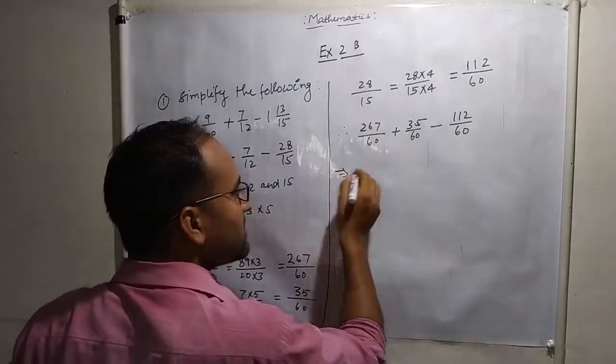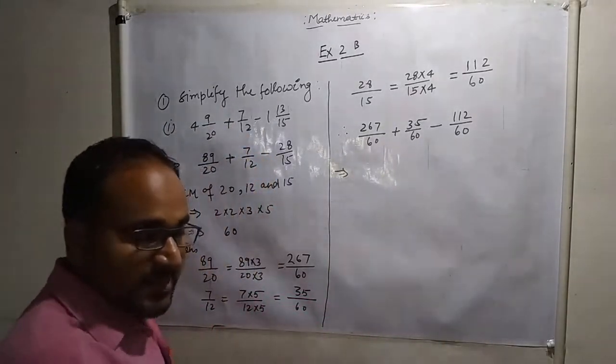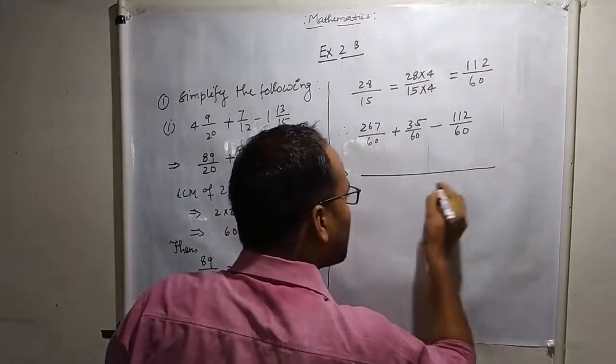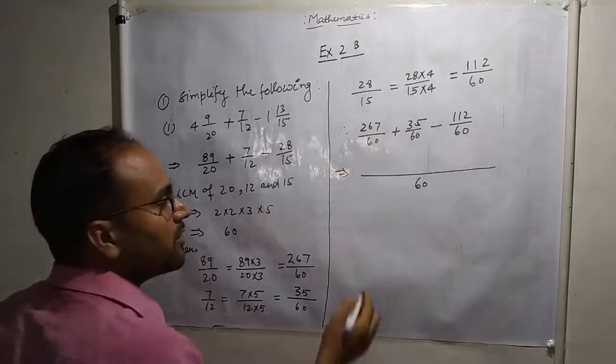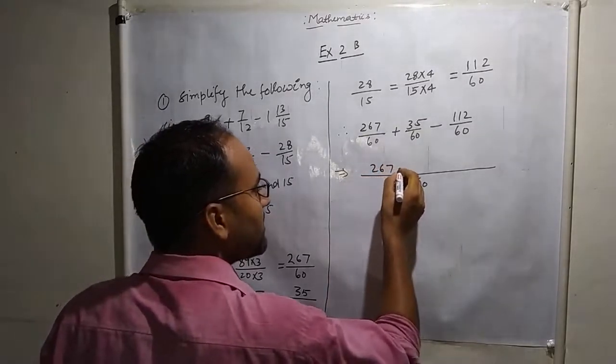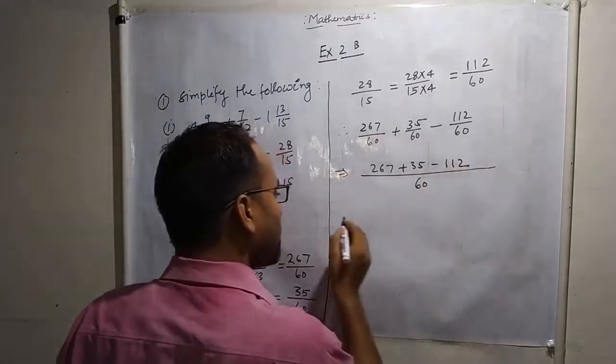So dear students, all have the same denominator, so write it in one line, and then you will add or subtract your numerators. So 27 plus 35 minus 112.